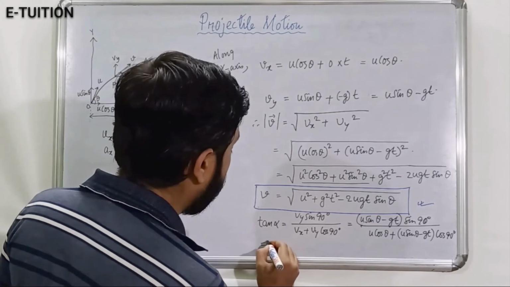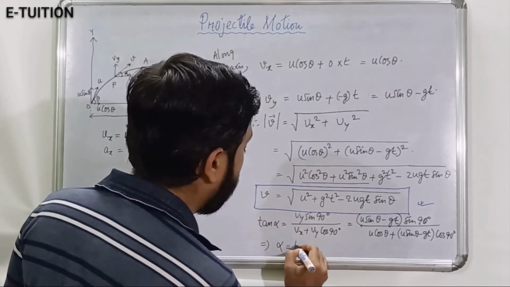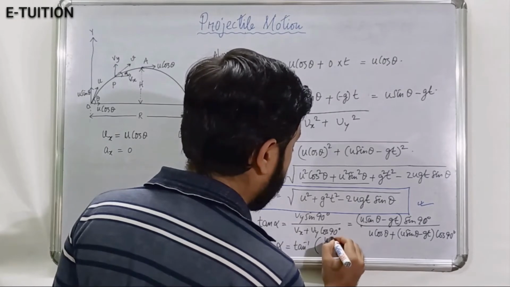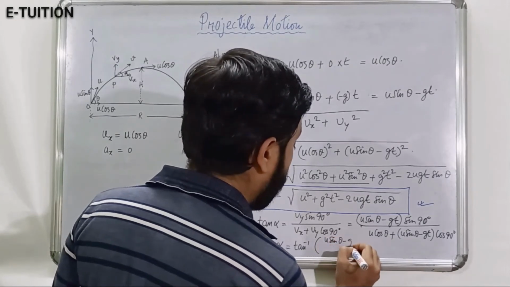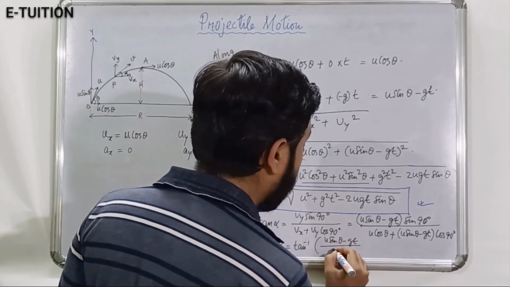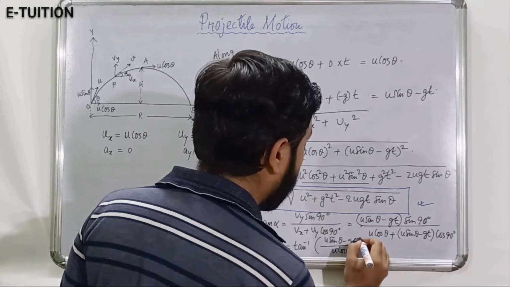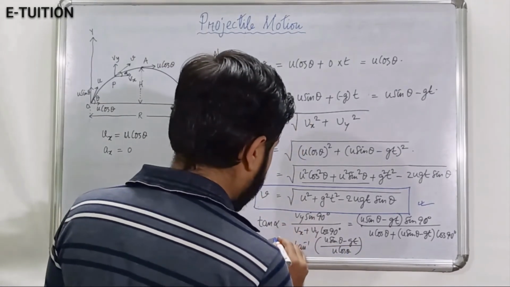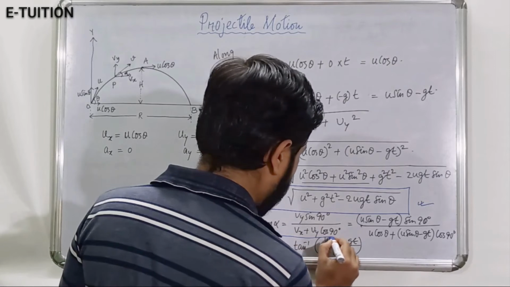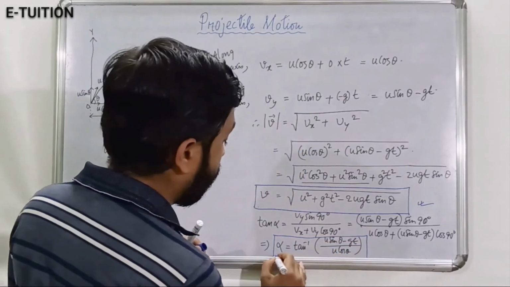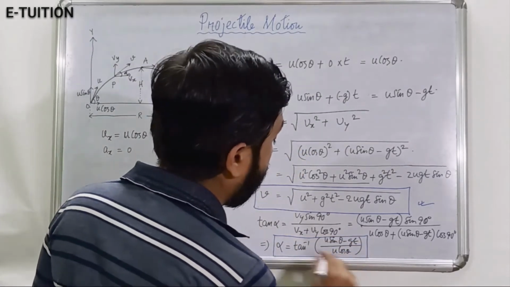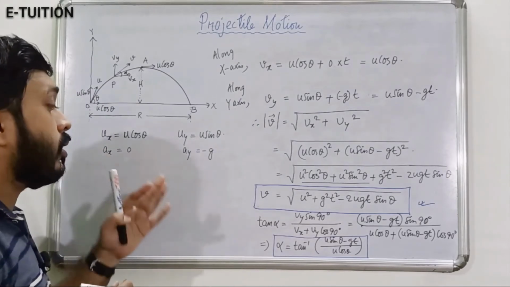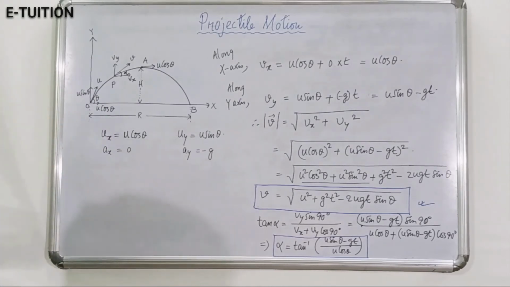So all you are left with is alpha equal to tan inverse of u sin theta minus gt upon u cos theta. Alright. That is the formula for the angle of the velocity with the horizontal after time t.